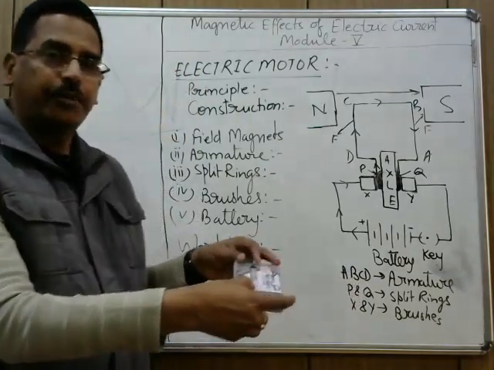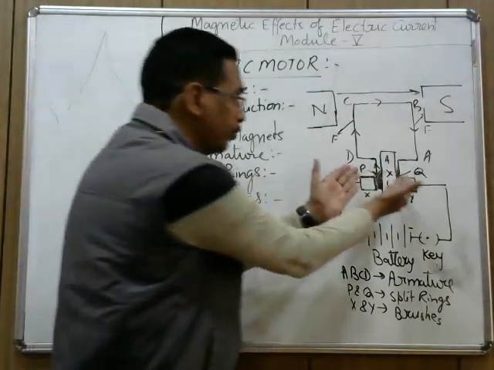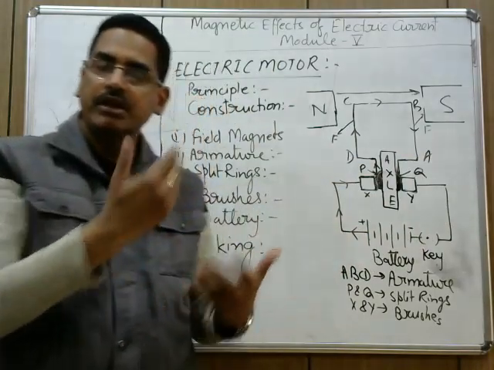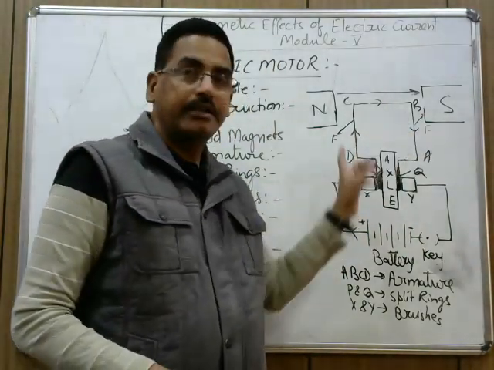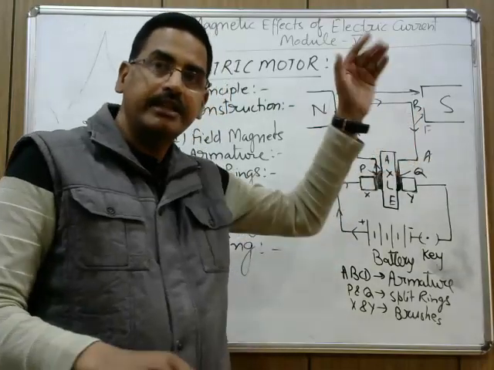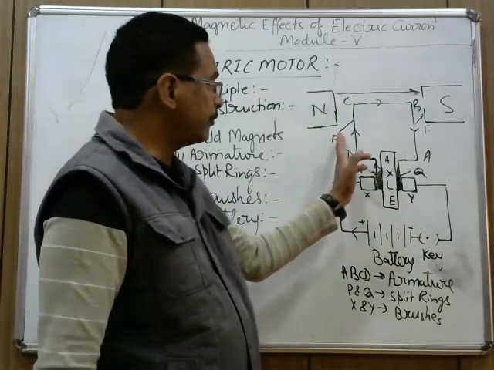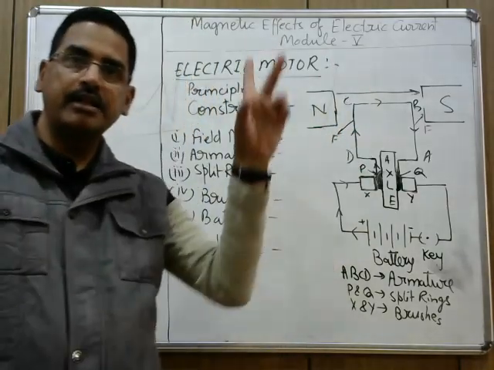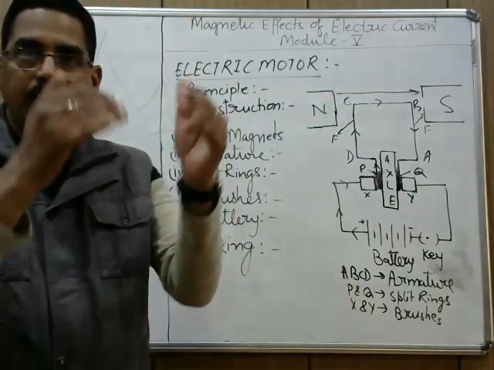So because of this, as I told you, what is the function of a split ring? Since the position of the split ring has also changed along with the coil, the direction of current has changed. Previously in CD the current was downward and in AB the current was upward. But after half rotation, you can see in CD the current is in the upward direction, and in BA the current is in the downward direction.